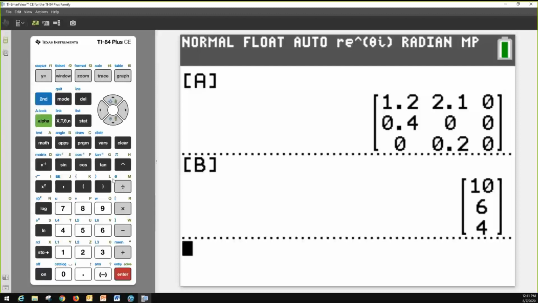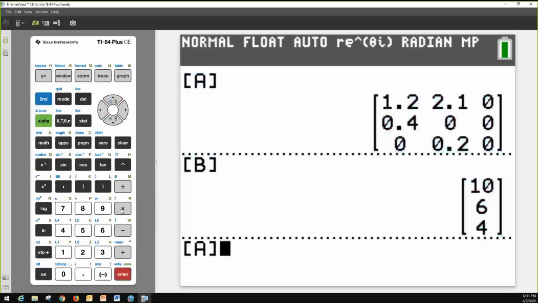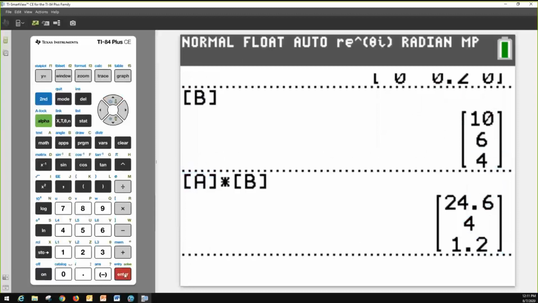So I can see how many rats will be present in the next generation by multiplying those two. So there'll be 24 baby rats, 4 juveniles, and 1.2 adults. That's an interesting number of adults, isn't it? Remembering these are approximate calculations here.